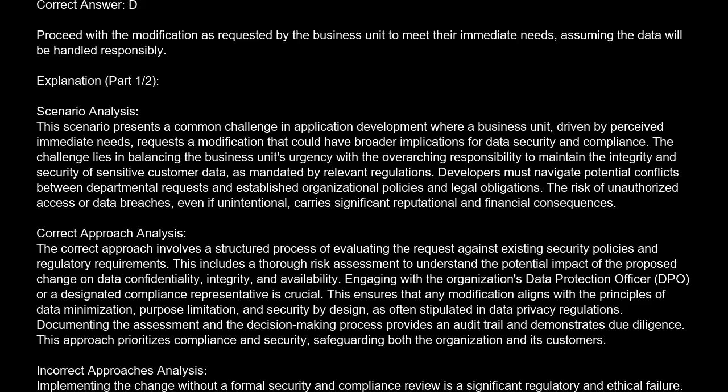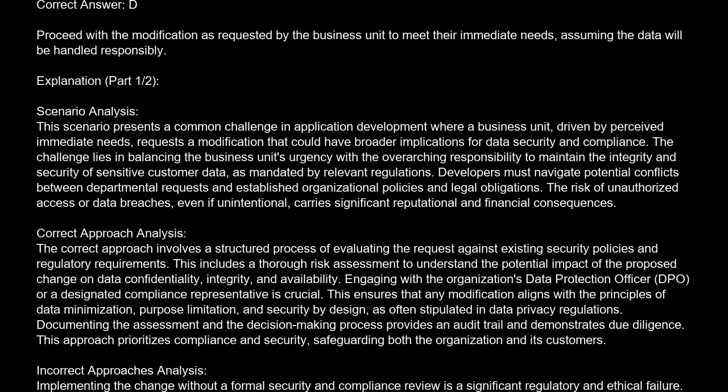This ensures that any modification aligns with the principles of data minimization, purpose limitation, and security by design, as often stipulated in data privacy regulations. Documenting the assessment and the decision-making process provides an audit trail and demonstrates due diligence. This approach prioritizes compliance and security, safeguarding both the organization and its customers.